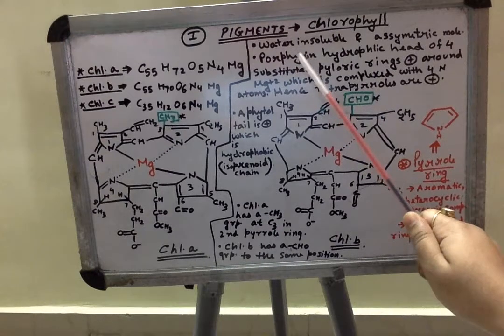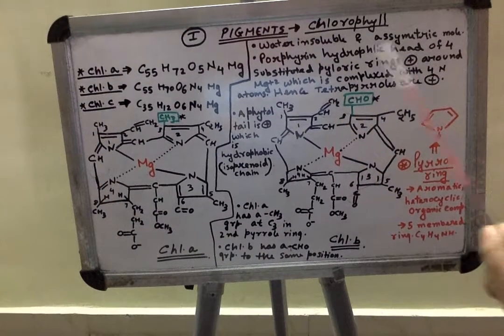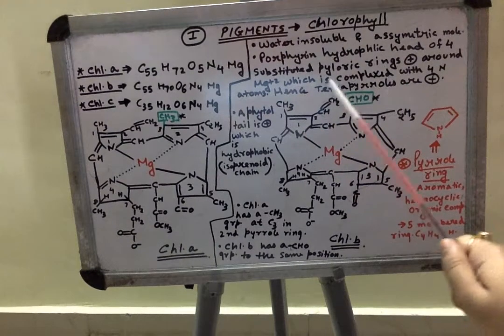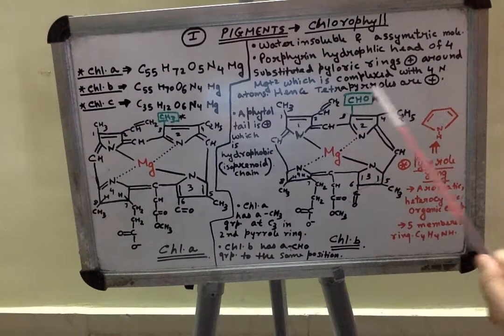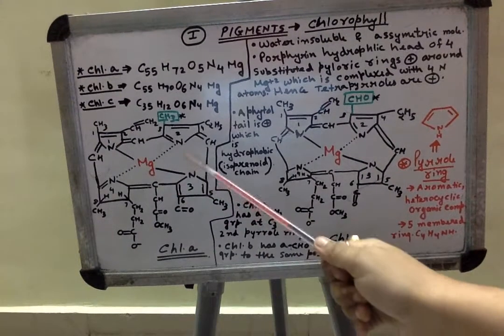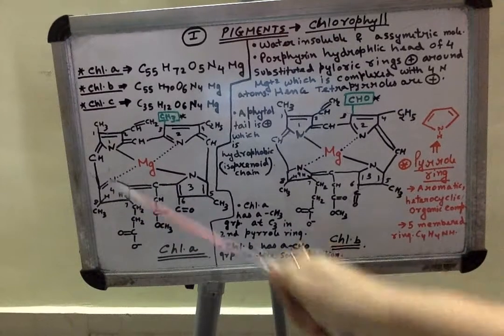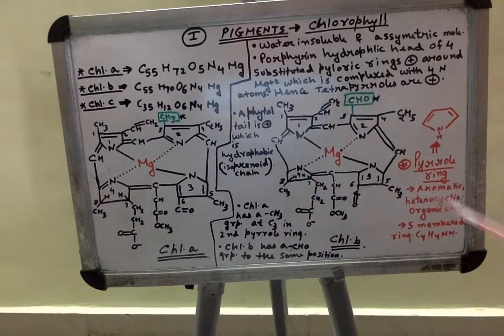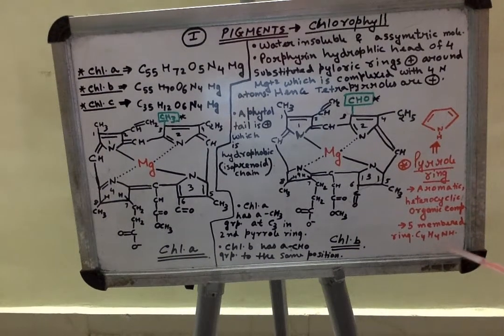Second point, the porphyrin hydrophilic head has 4 substituted pyrrolic rings present around a magnesium ion, which is complexed with 4 nitrogen atoms, hence tetrapyrroles are present. This means if you notice this diagram, there are 4 pyrrole rings, 1, 2, 3, 4, and a pyrrole ring is basically an aromatic heterocyclic organic compound, a 5-membered ring having the formula C4H4NH.